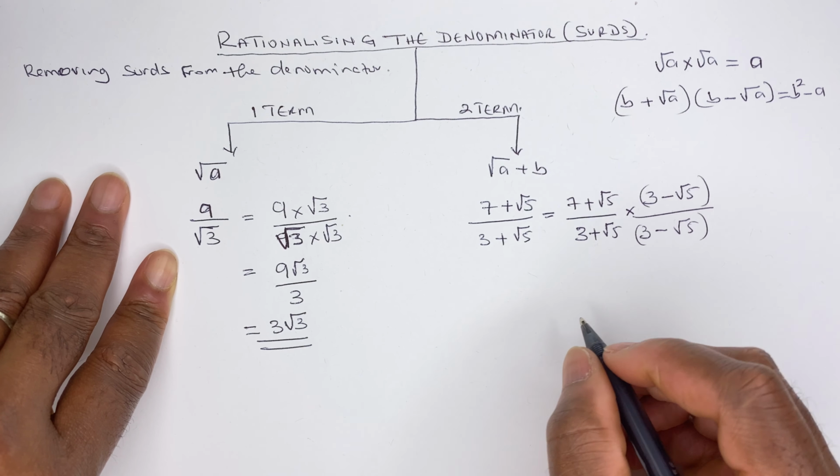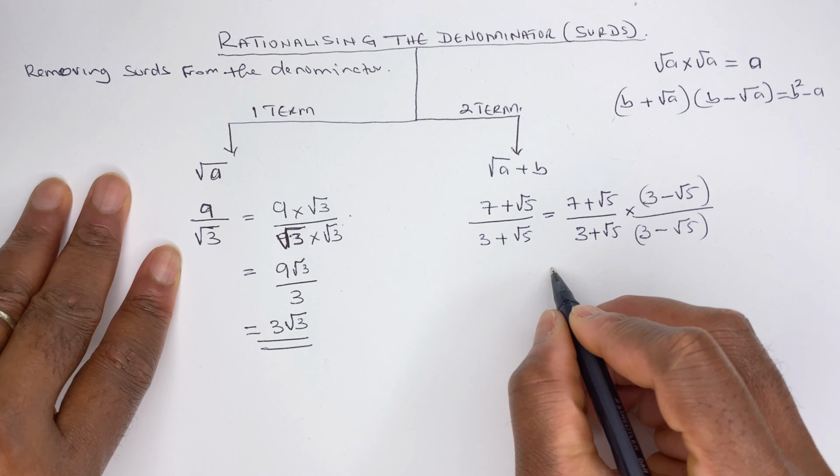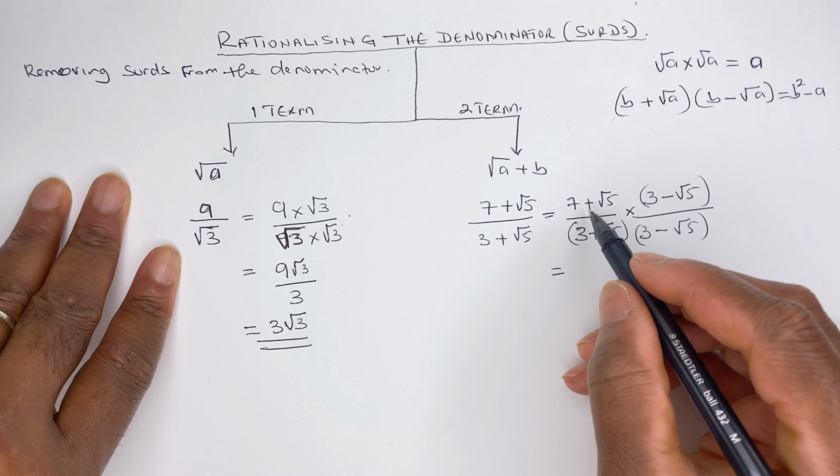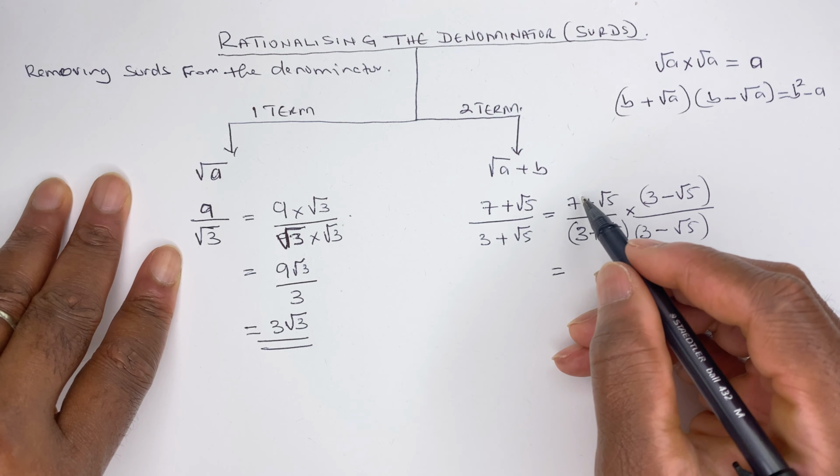In doing so I can eliminate the bottom surd easily. The top, I just need to expand out.